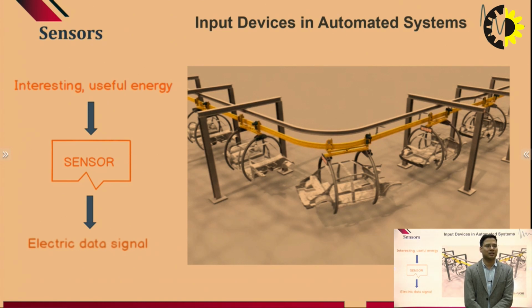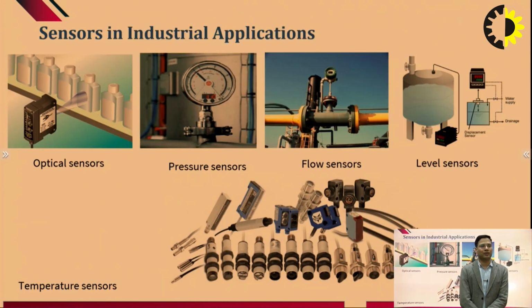So these sensors are actually nothing but electronic devices which convert the values that have been measured into a measurable quantity, which can be electrical, related to voltage or current form. Okay. So these sensors find their application in almost all operations of industries, like measuring the level of the beverage that has been filled in a bottle.